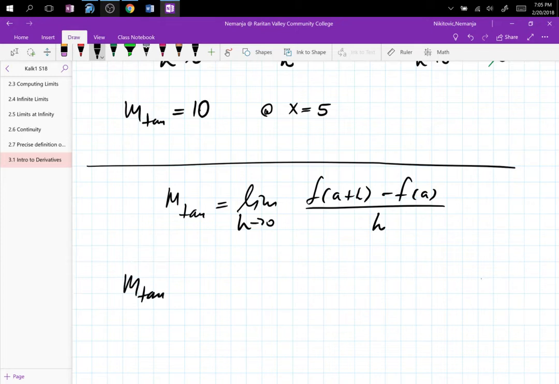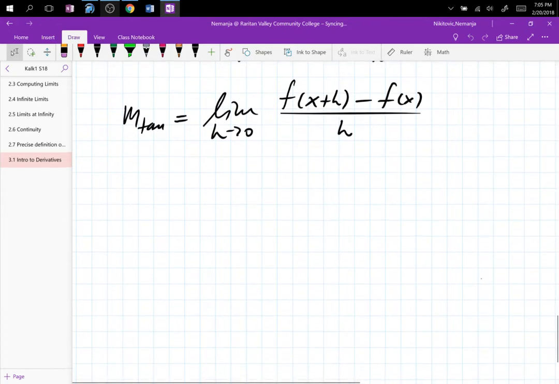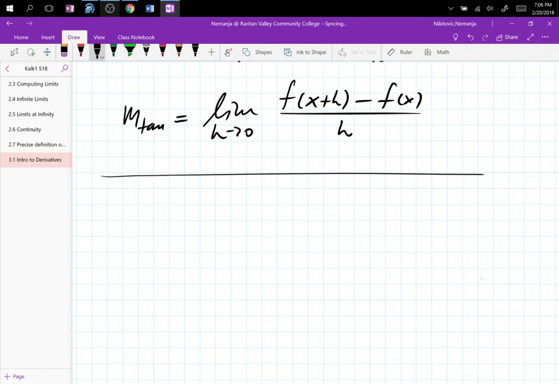M tangent becomes limit h goes to 0 of f of x plus h minus f of x over h. And this is the formula you guys are used to, the difference quotient formula, right? So now, if I ask the same question, I'm not going to compute a single slope.